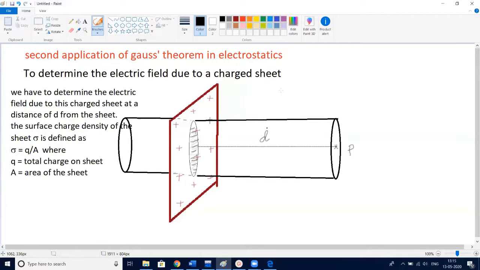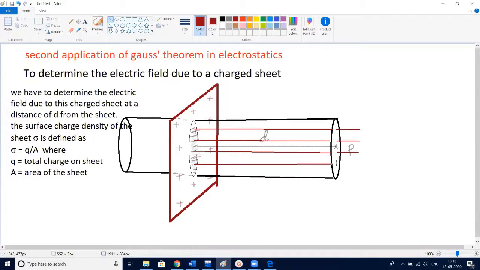Now, the electric field due to this charge sheet will be directed in this direction, and it is going to come out from this surface like this.